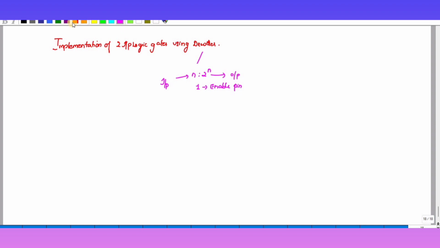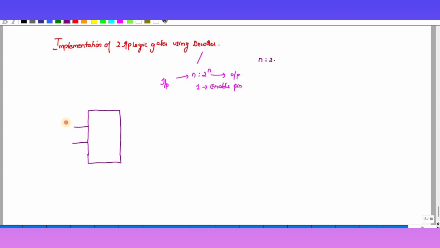So if I draw the diagram, since I need to implement a 2 input logic gate, n is equal to 2. So how many inputs are there? You have 2 inputs.